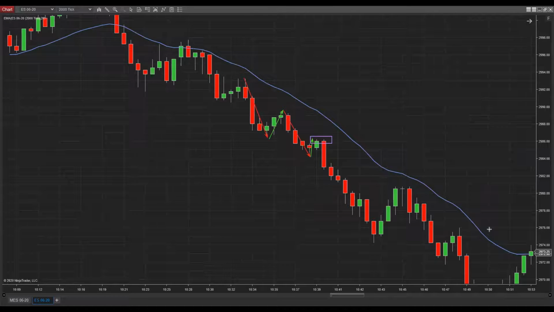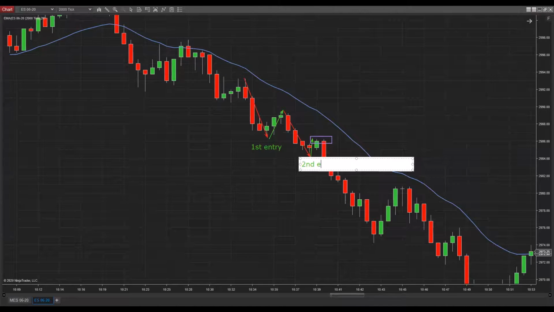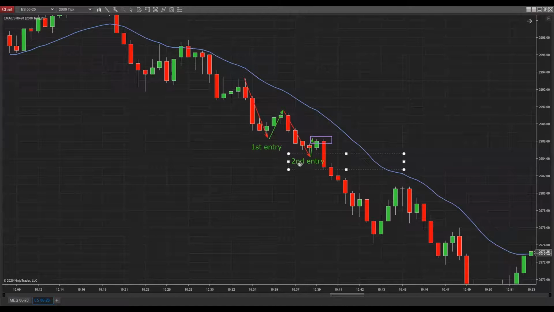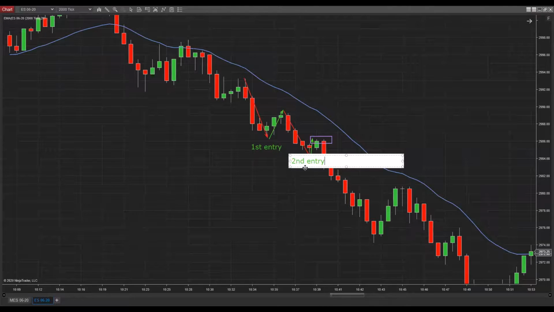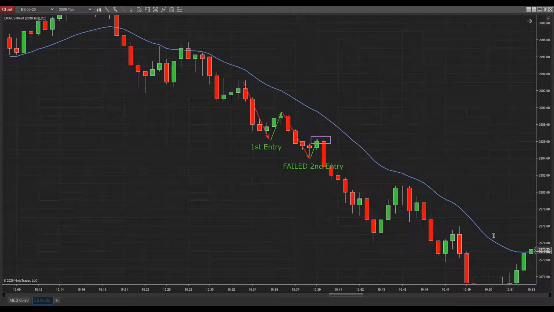We see here the first entry, here the second entry. And this second entry failed to make the scalper's profit. So this is now a failed second entry. And this is why this is called a failed second entry.